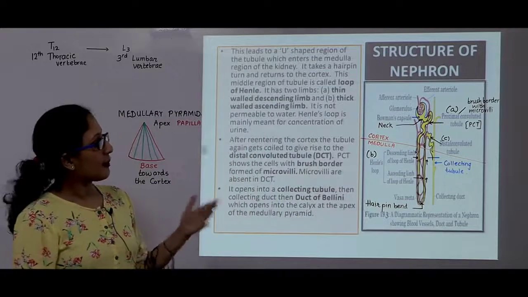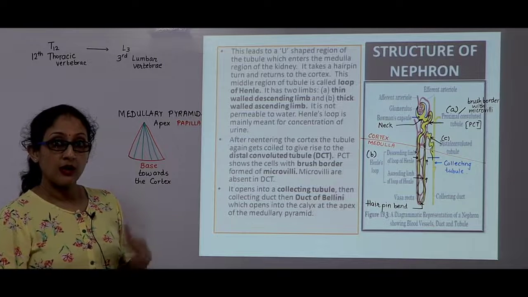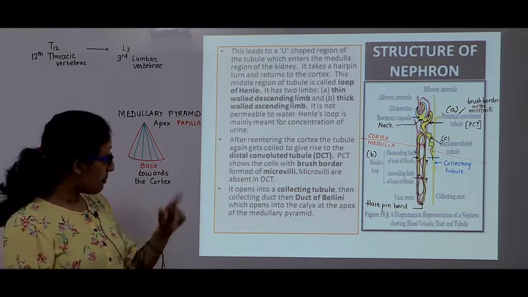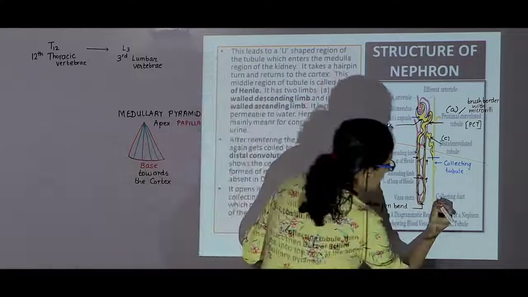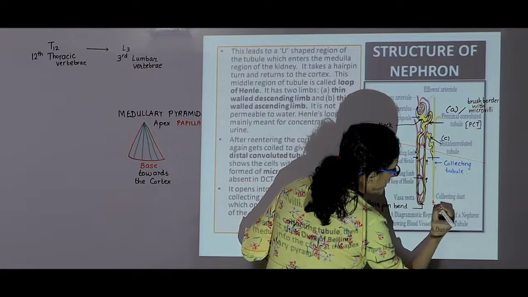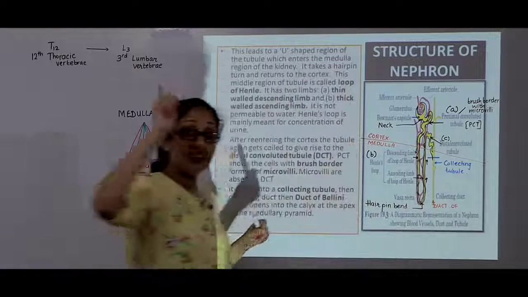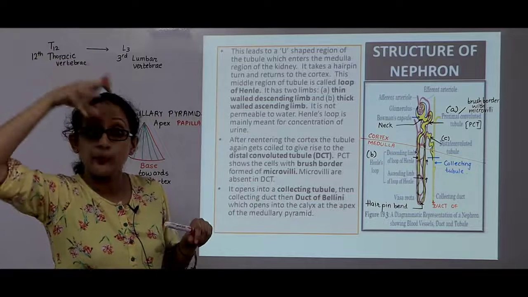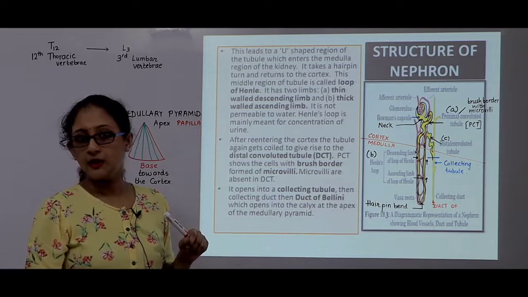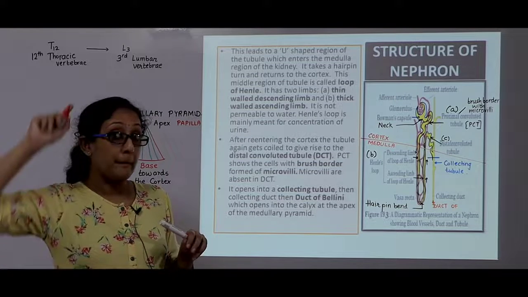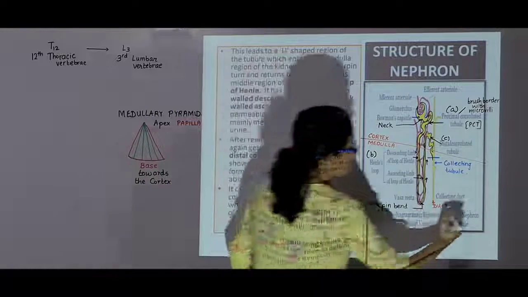See the flow from collecting tubules, it will enter into a collecting duct, and many collecting ducts will then open into, write down over here, the duct of Bellini. There it was column of Bertini, the projections of cortex into the medulla. So, names are similar. So, that is columns of Bertini. Here this is duct of Bellini.